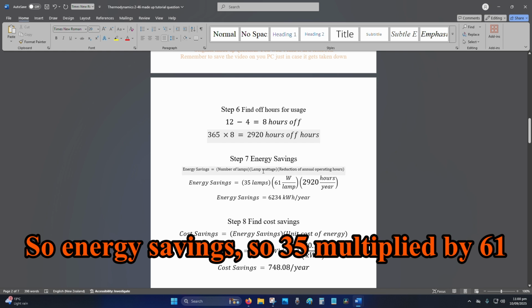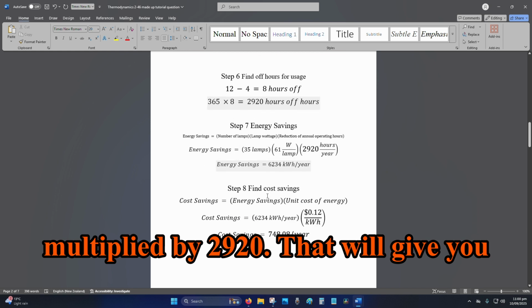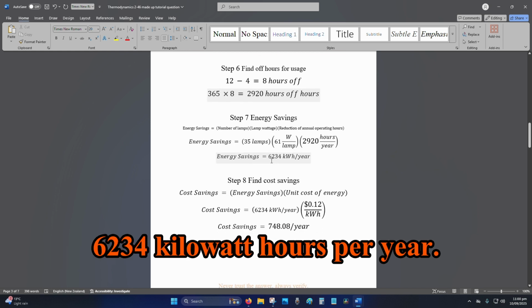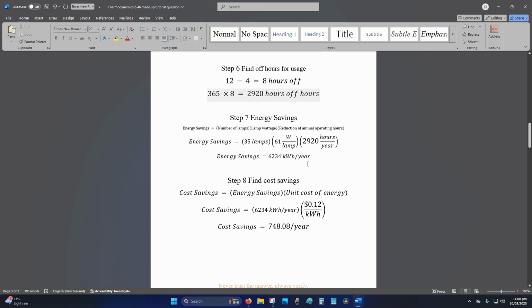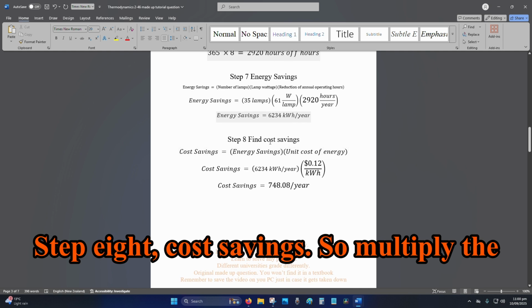So energy savings, so 35 multiplied by 61 multiplied by 2,920. That will give you 6,234 kilowatt hours per year. Step 8, cost savings, so multiply the two.